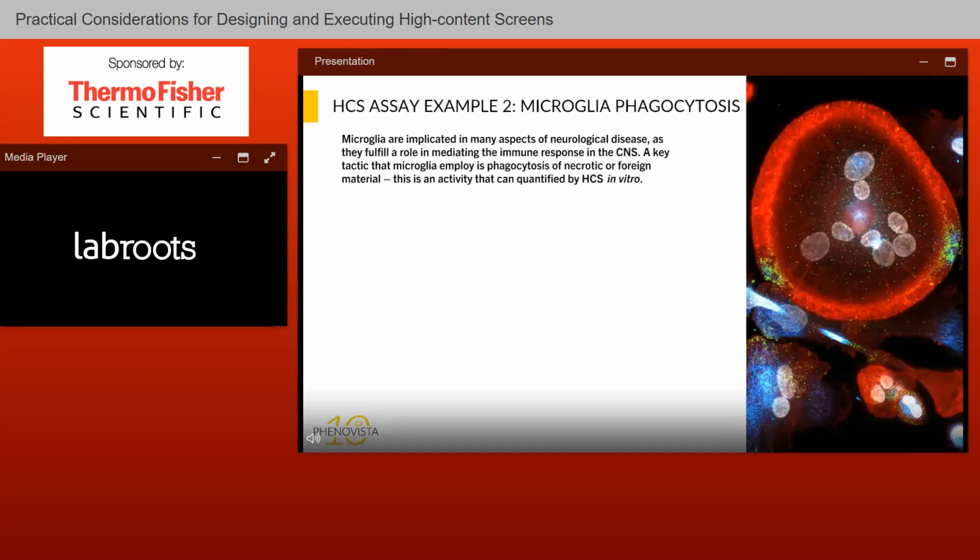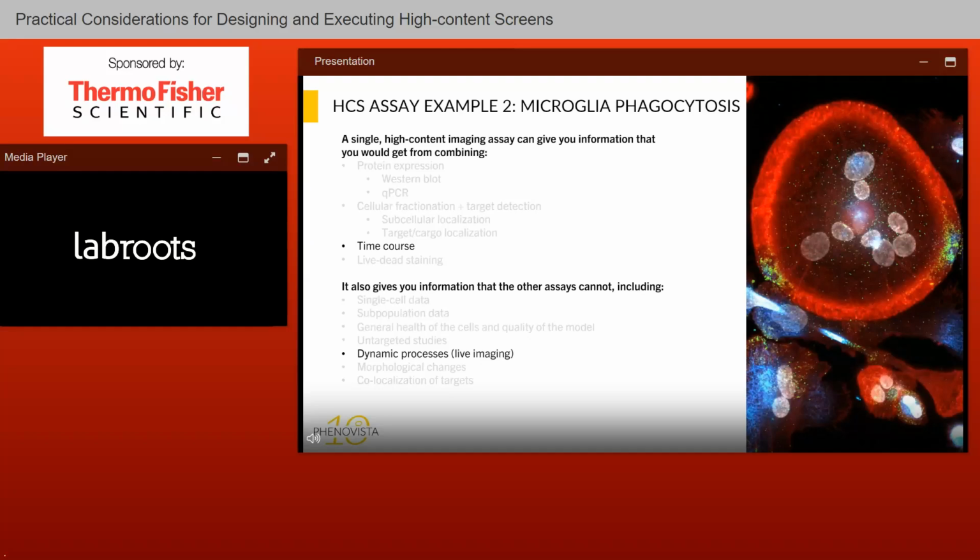And again, when they're behaving, it's all good. When they go overboard, it can create inflammation and create symptoms of disease. So one of the things that we can do is use recently available human iPS-derived microglia to measure how well they're performing their primary job, which is phagocytosis, or ingestion of foreign particles.